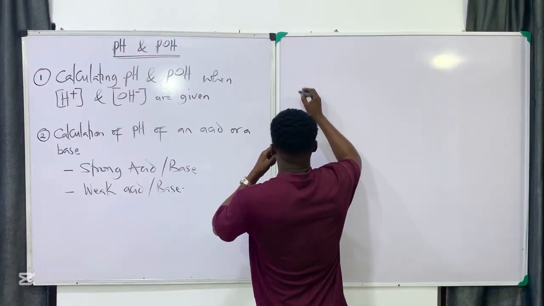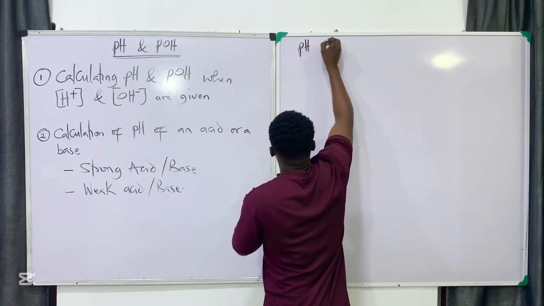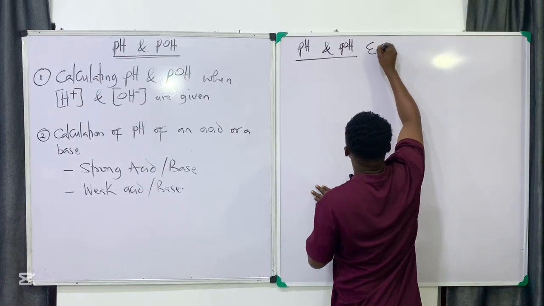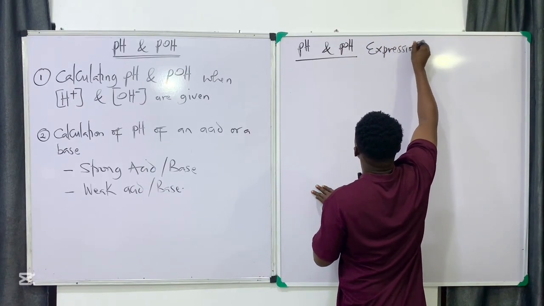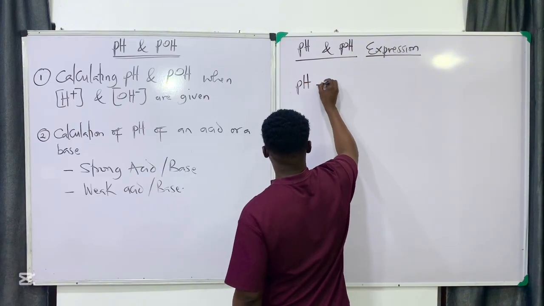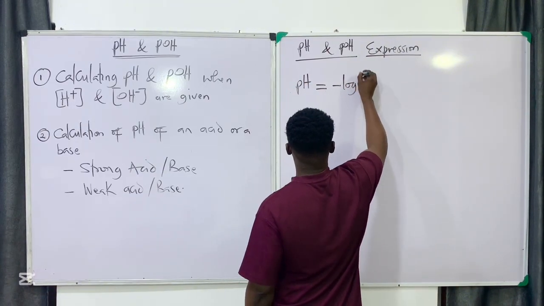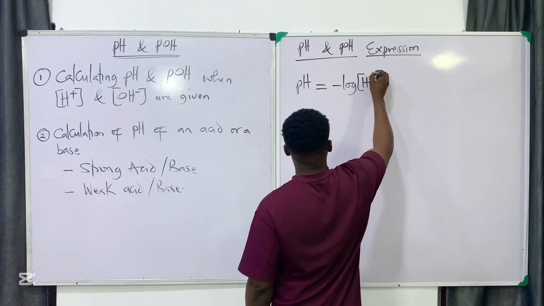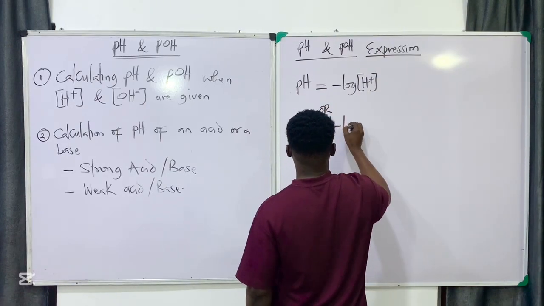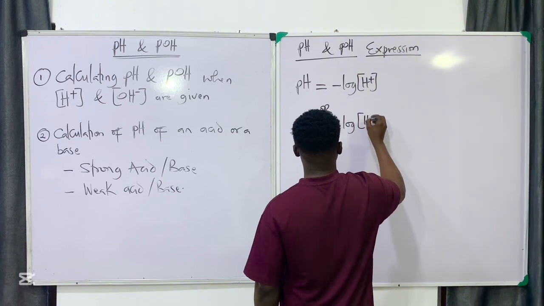So first, let's look at pH and pOH expression. Now pH can be expressed as negative log of H plus, or negative log of the hydronium ion.